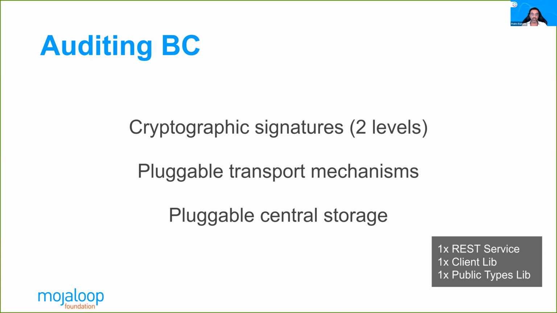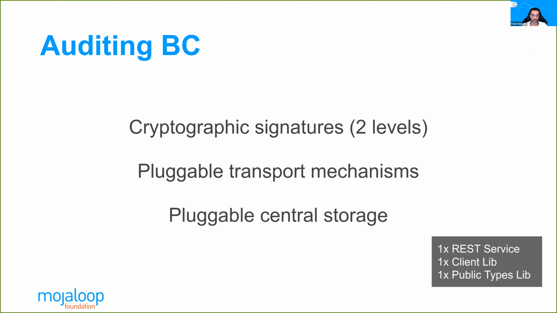I recall the discussions initially, probably more than a year ago with Miller, about the importance of making sure that auditing is read-only and we can prove that a certain action was made, and this is tamper proof. So what we have is a two-layer cryptographic signature mechanism. Essentially, we have the client that will have its own private certificate, and we have the service that has its own certificate as well.